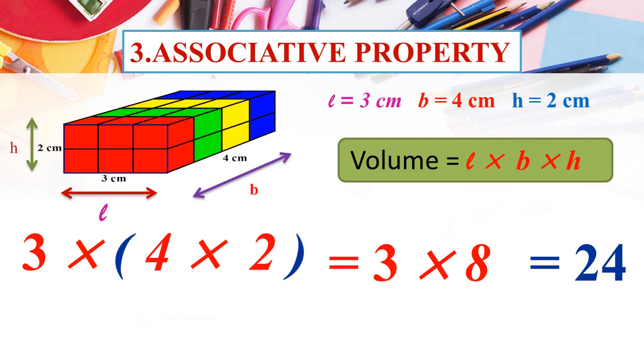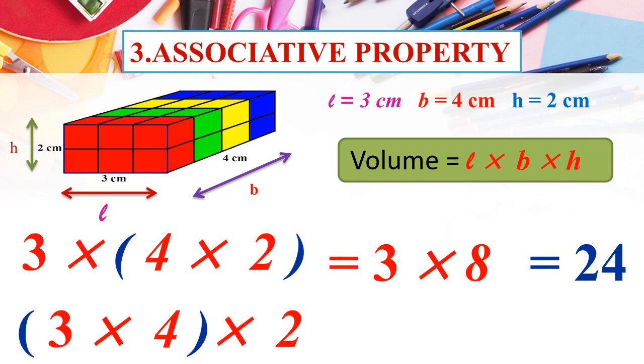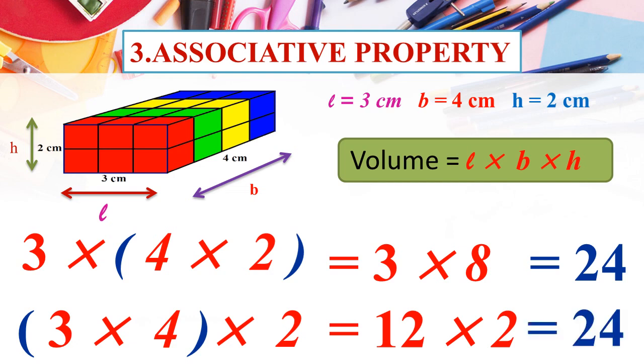In the second way, first we multiply 3 and 4 and then multiply by 2. Therefore, 12 into 2 equal to 24. Both ways of approaching give the same answer.